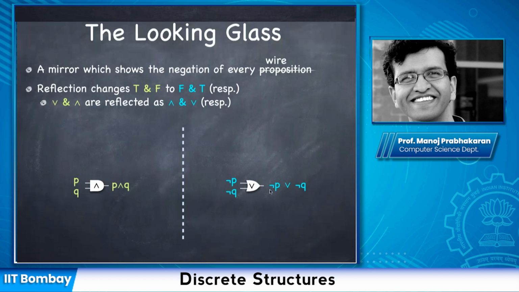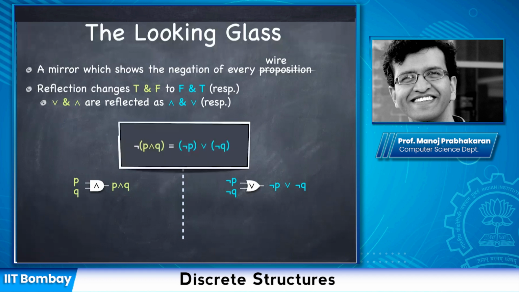And we already saw that if you reflect an AND gate to an OR gate, this value here will be the negation of this value. That followed from the truth tables of AND and OR. But we have already seen this.